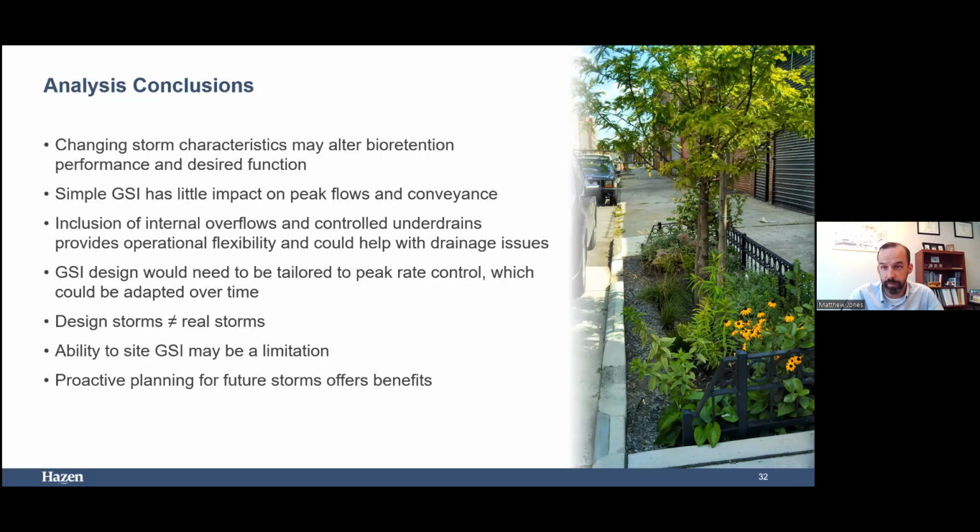I know a lot of folks have experience siting green infrastructure in urban areas. The exercise here was assuming that we can get all the flow to our bioretention, but we know that's not always the case, and that may limit the role that green infrastructure can play in providing relief to the typical storm drainage network. But again, it fits with that broader conclusion that it should be part of the toolbox and considered, but it's certainly not going to be a silver bullet solution.